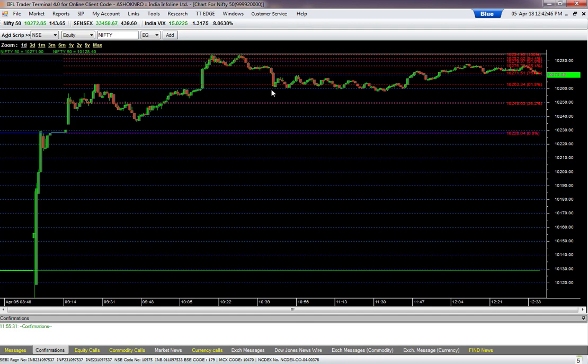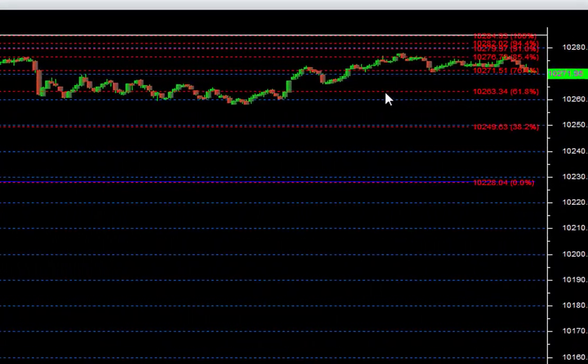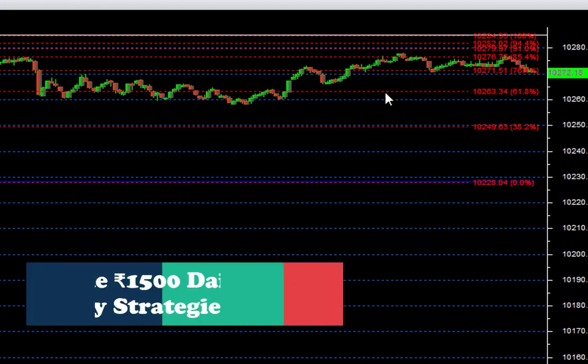Okay, and you might be looking that 61.8% exactly has not held. That's because it's not a game of fastest finger first like Kaun Banega Crorepati. One person can trade maybe 3 or 4 seconds later than it comes to that particular area.